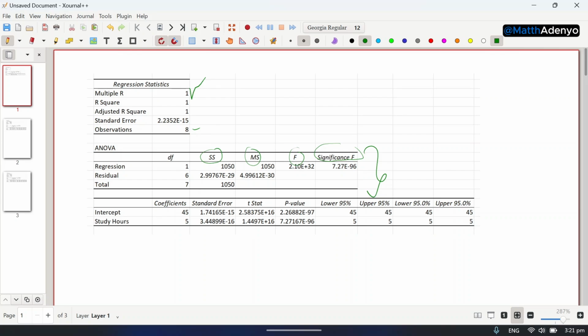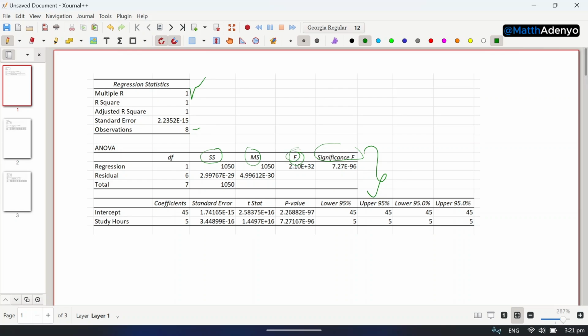And then we have the F statistics. The F here is the F statistics, and the F statistics is a test. It tests the overall significance of the regression model. So what is the significance of the model? How important is our model? Is it accurate? So this F is actually testing that.